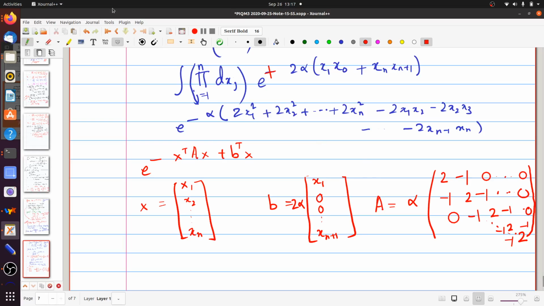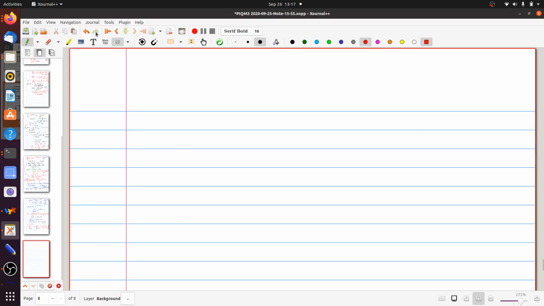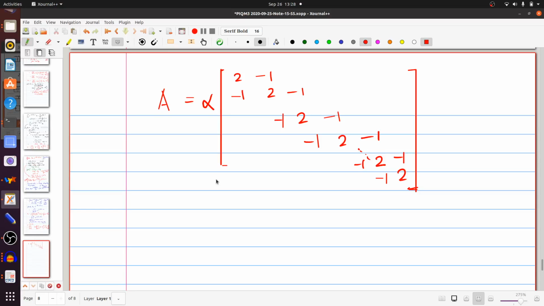So we have set up our form perfectly. So what we need now to calculate Kn is basically we need to be able to calculate the determinant for this matrix A, and not only that, we need its inverse.